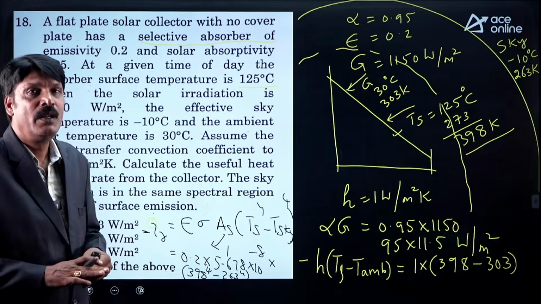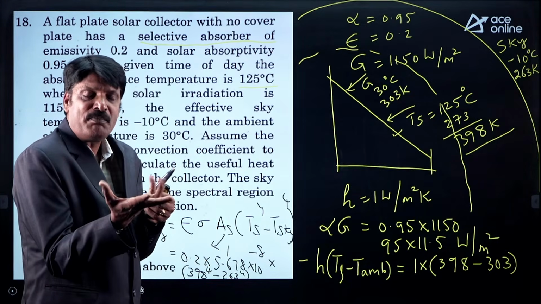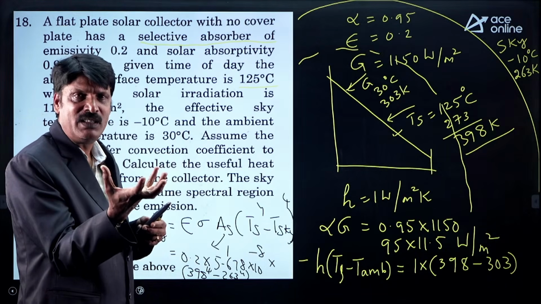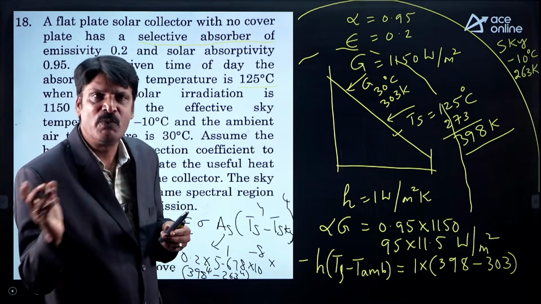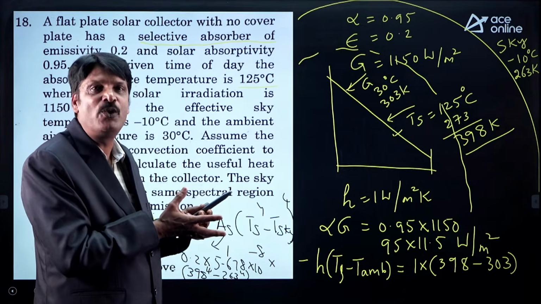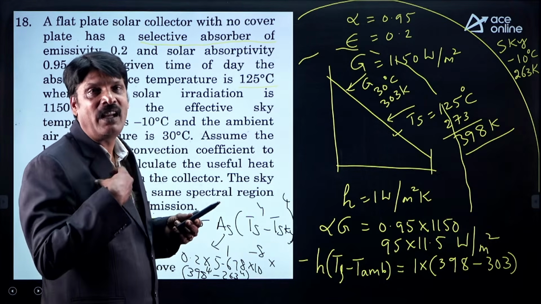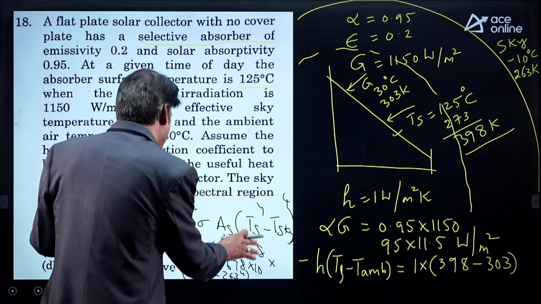Very simple. The amount of heat that is being incident on the surface is being absorbed, irradiation into alpha will give you the amount of heat that is being absorbed. Then there is a convective environment, how much amount of heat is being removed? Remove it from the value of alpha into G, and then you remove the radiative heat loss to the sky. So, you will get it.